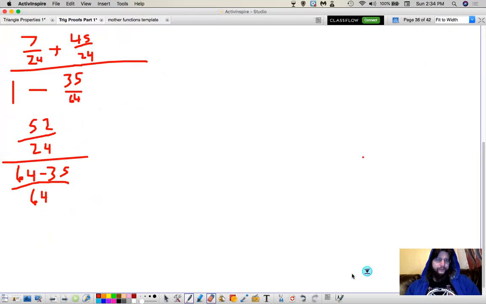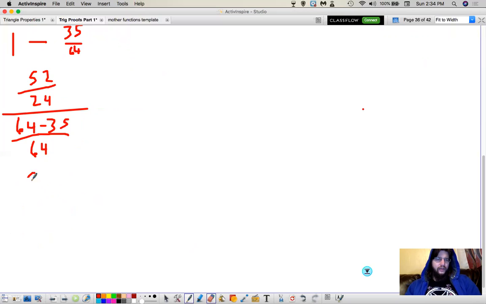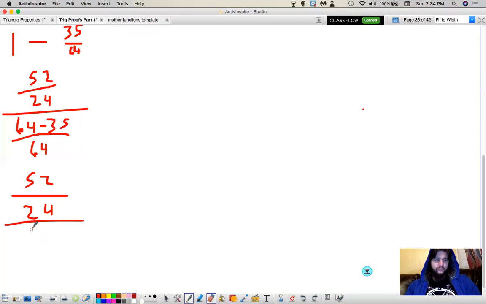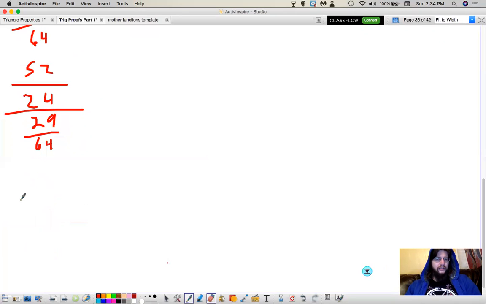Just keep going. Simplify that denominator a little bit first. 64 minus 35, that's 29. Divide fractions, we invert and multiply.